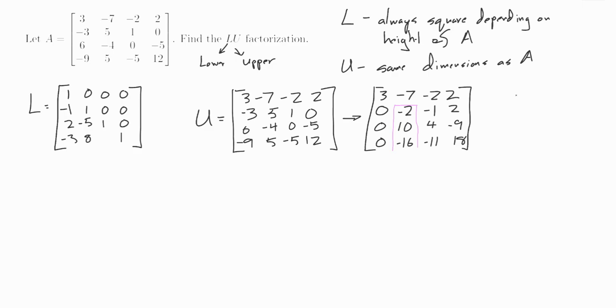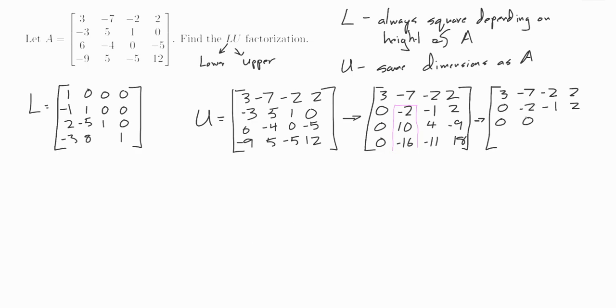Now, once again, we will go in and we will clear out everything that remains here in the second column. So we already had that 0, -2, -1, 2. That's going to stay the same. 0 here. We're going to add 5 times row 2 to row 3.